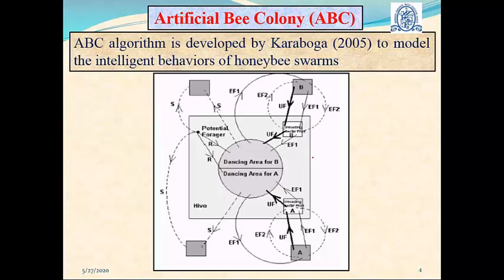It means that employed bees share information about the food source to which they are assigned with the onlooker bees. That depends upon the intensity of the waggle dance and how long they perform it. The intensity represents the richness of the food source, and the time for which the waggle dance is performed represents the distance of that food source from their hive.